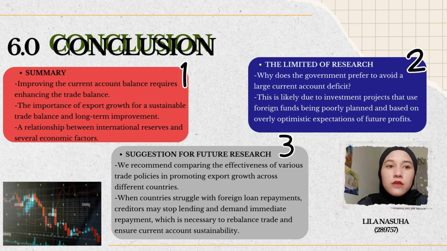So we recommend comparing the effectiveness of various trade policies in promoting export growth across different countries. When countries struggle with foreign loan repayments, creditors may stop lending and demand immediate repayment, which is necessary to rebalance trade and ensure current account sustainability.